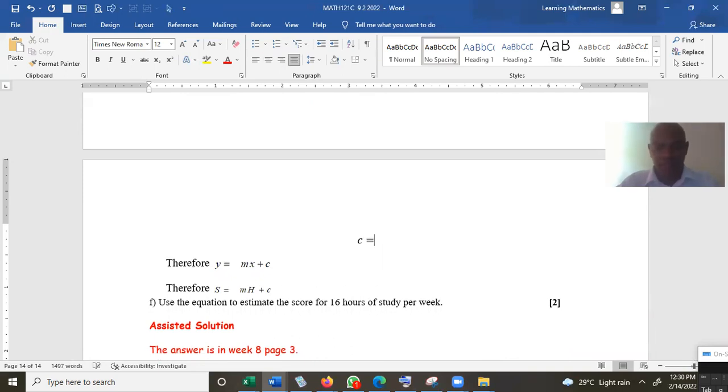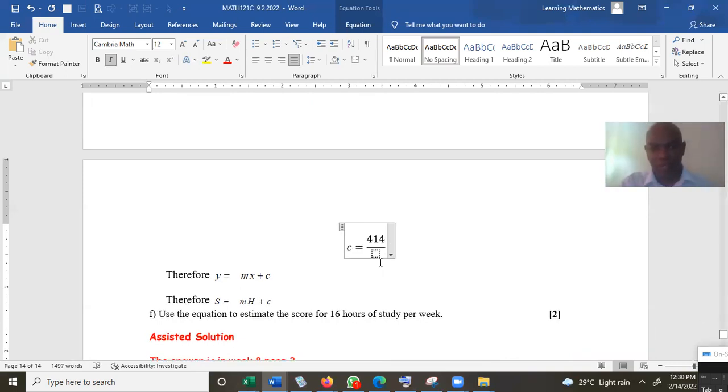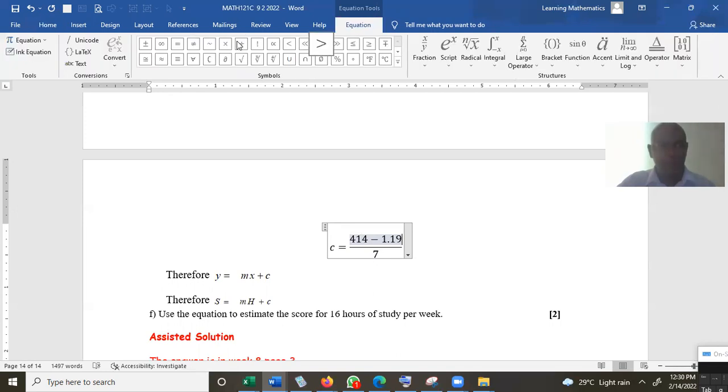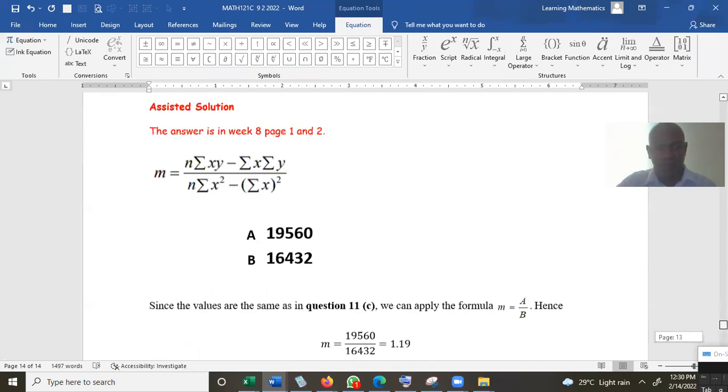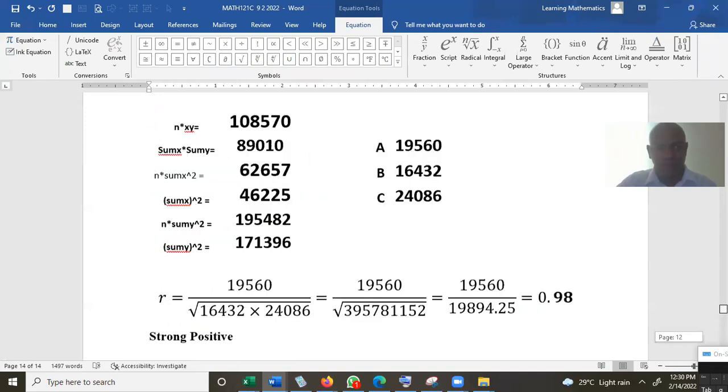The sum of y is 414, n was 7, minus m. We got m to be 1.19, times the sum of x.